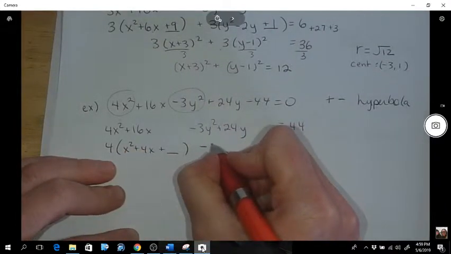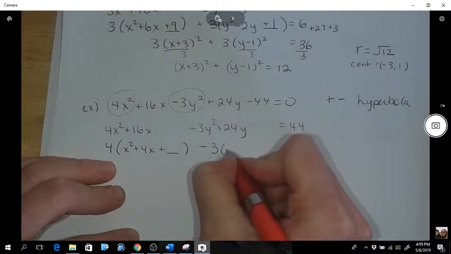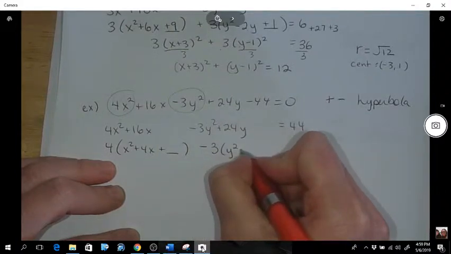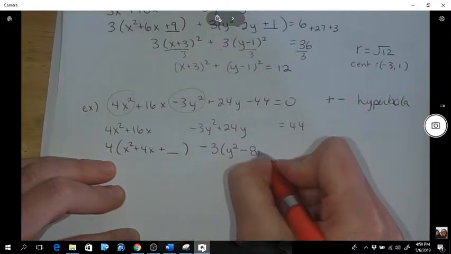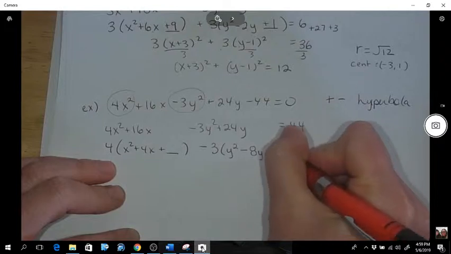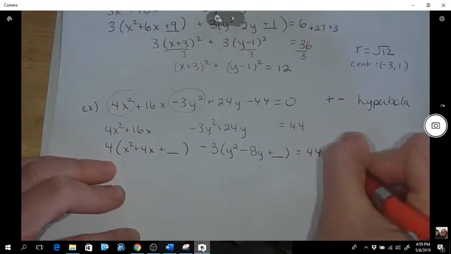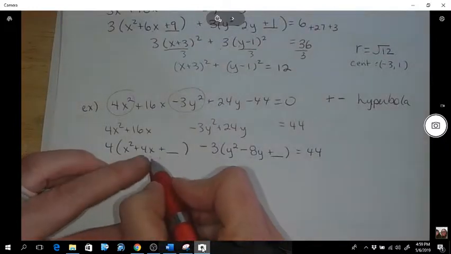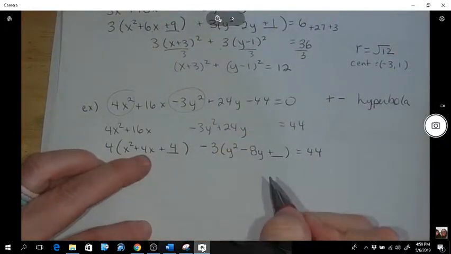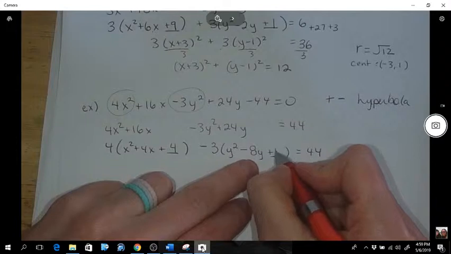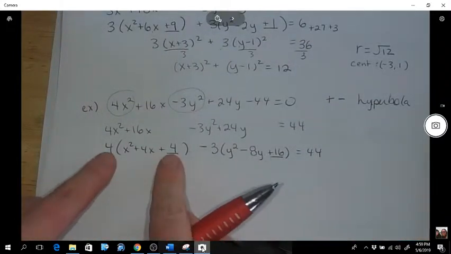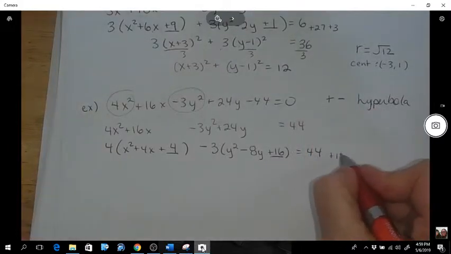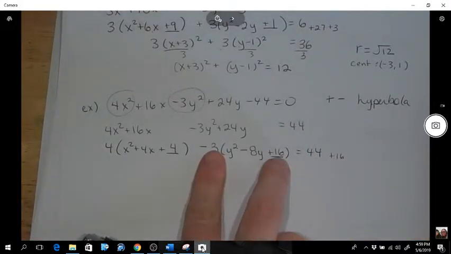Factor out a negative 3, so y squared, be careful there, minus 8y blank equals 44. Okay, what goes on this blank? Half squared is 4, half squared is 16. What is this value? 16. And this value is a minus 48.